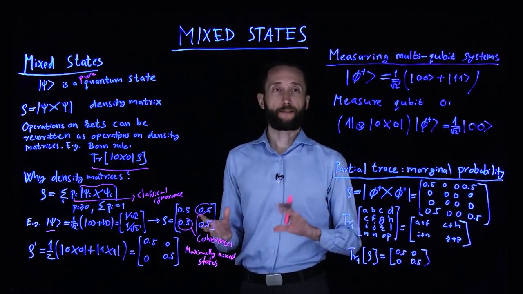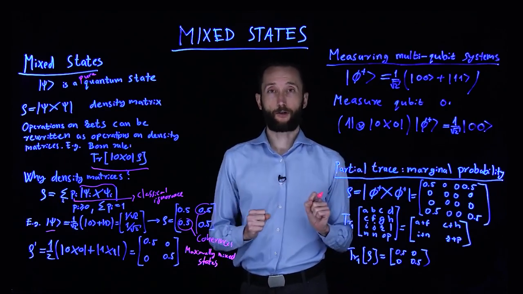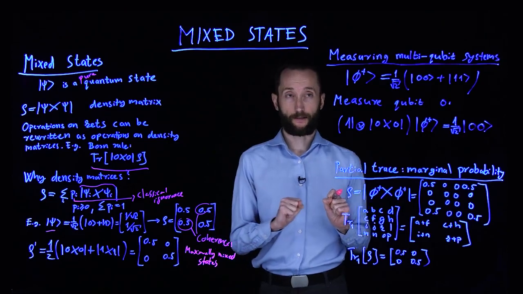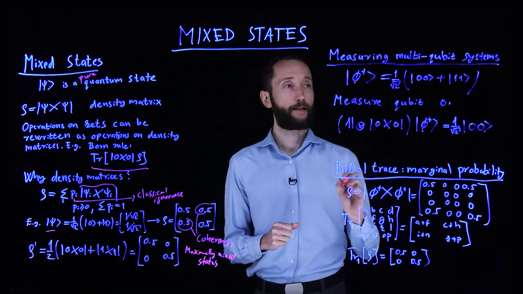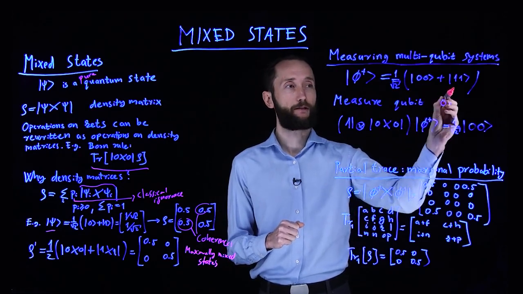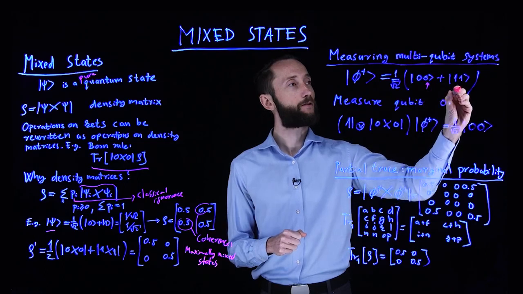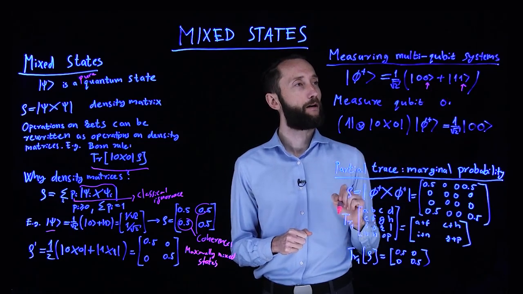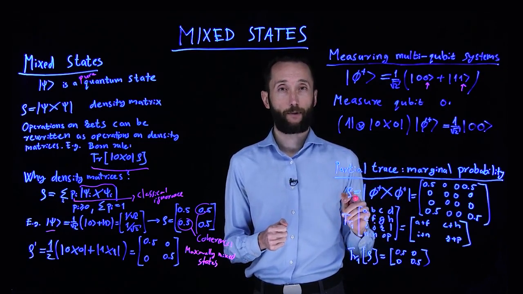So let's take a detour and take a look at what happens when we measure individual qubits in a multi-qubit system. So imagine that we have the maximally entangled state over 2 qubits, which is written in this form. And we measure the 0 qubit, which, according to our notation or convention, is the rightmost qubit.